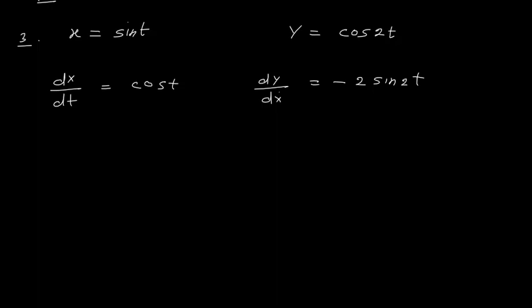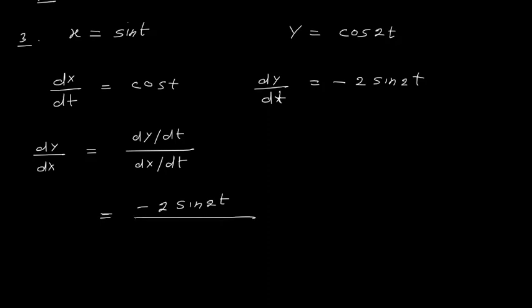So composite form we have written like this. Now this is dy upon dt. So dy upon dx is dy upon dt whole divided by dx upon dt. So this dy upon dt, I will write minus 2 into sin 2t whole divided by cos t.